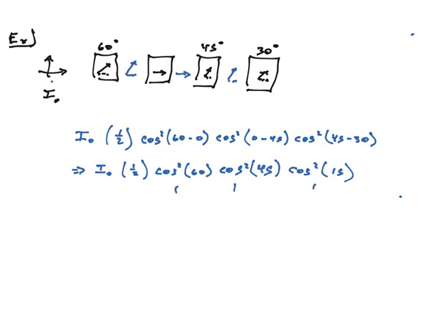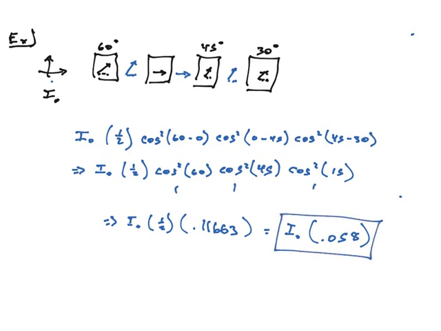I'm going to take that number and I'm going to square that number. All right. So now what I have is I naught times 1/2 times 0.11663. Okay. So multiply that times 1/2 and I get I naught times 0.058. And there we go.